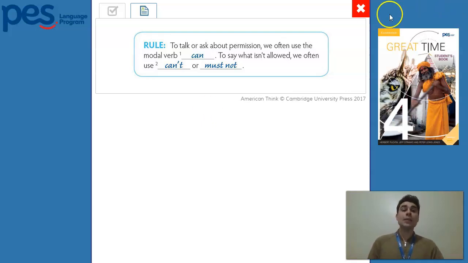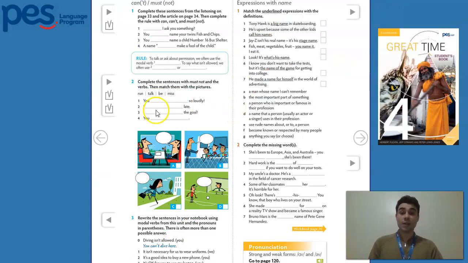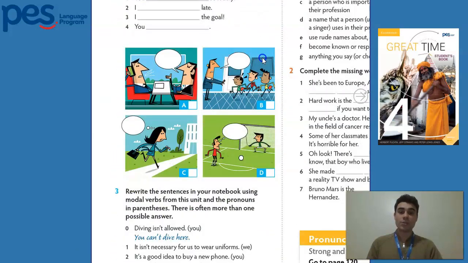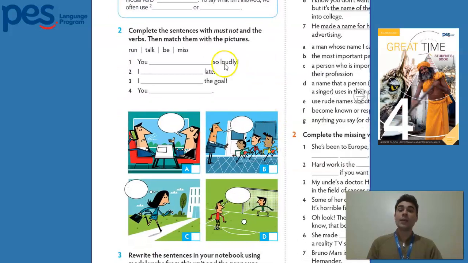Okay? Now, for us to have some fun, take a look at the next part of this exercise here, number 2. Now, what you have to do, you have to match the sentences 1, 2, 3, 4 with these pictures over here. Okay?